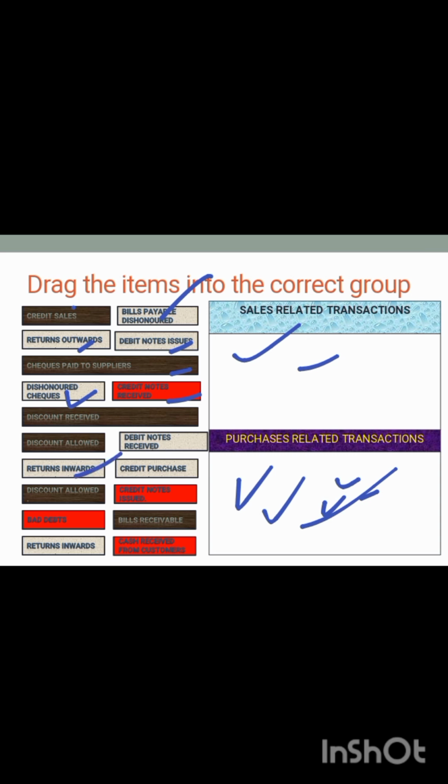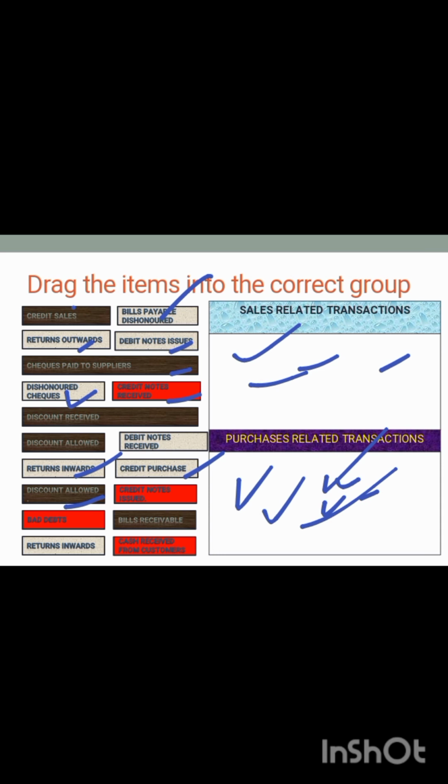Return inwards is relating to sales. Credit purchase, of course, that is obvious. Credit purchase is relating to purchases. Then we have discount allowed. That is discount given to customers. Discount allowed, that is here, is coming to sales.